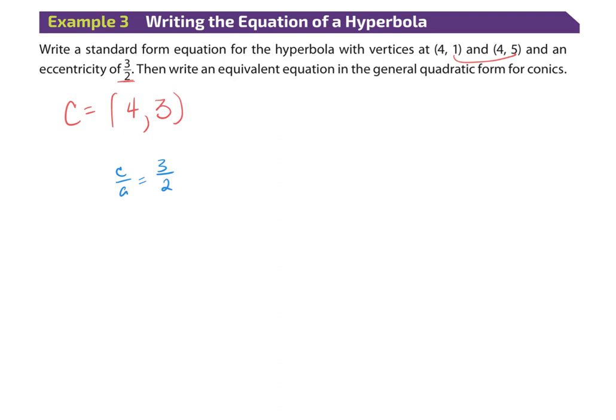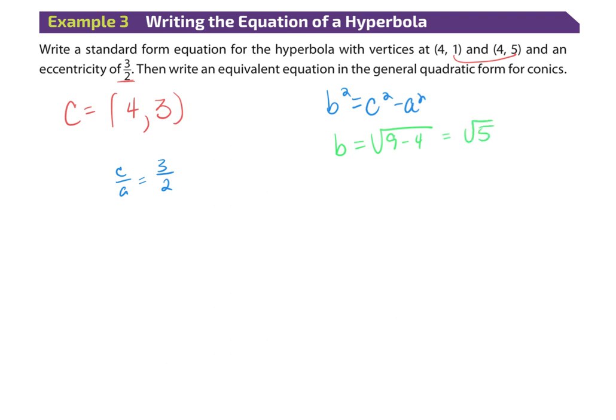I can find my B value, because I know that C squared is A squared minus B squared. So B squared is going to be C squared minus A squared. So if I know these values here, then I can find this value. So the square root of 9 minus 4, my B is square root of 5.